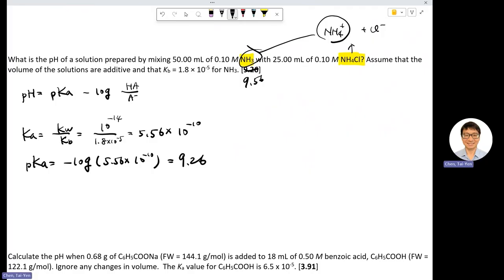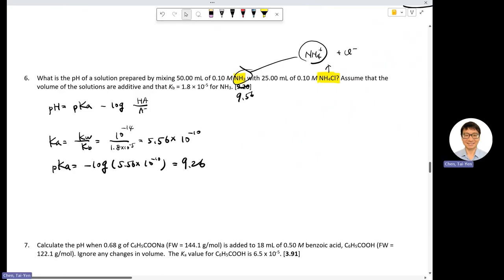Now the next thing you want to compute is the ratio between your conjugate acid over base. So you want to know the concentration of each. It says you have 50 ml of the base, so this is the base, and that is your acid. The concentration of your base, A minus, equals the moles of your base, which is 50 ml times 0.1, divided by the total volume, which is 50 plus 25.